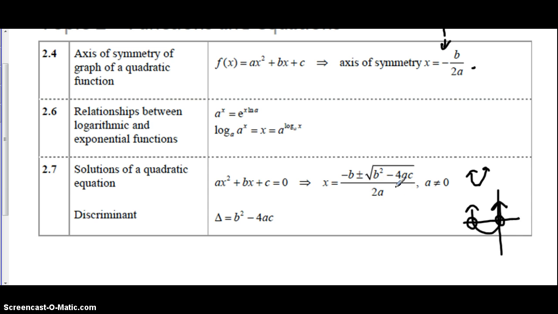So remember, if your discriminant is a negative number, then you would have a negative number under a square root. So if your discriminant is negative, if it's less than 0, then you're going to have imaginary roots.